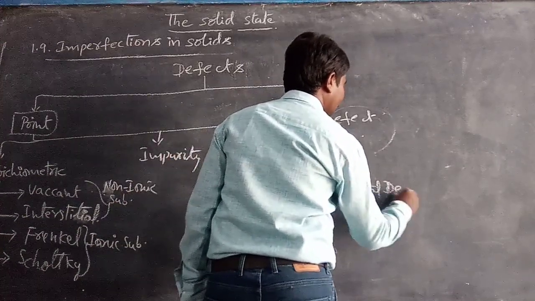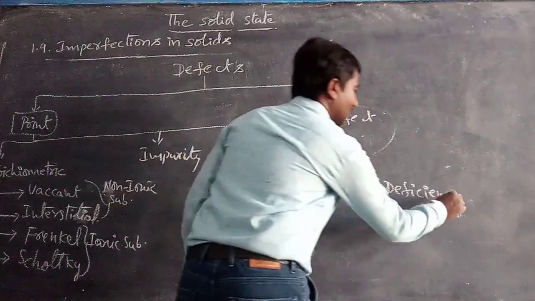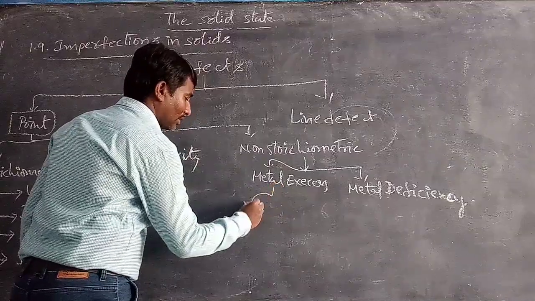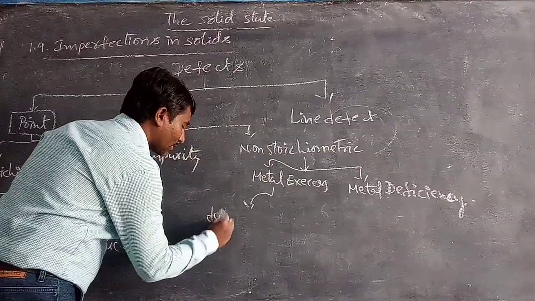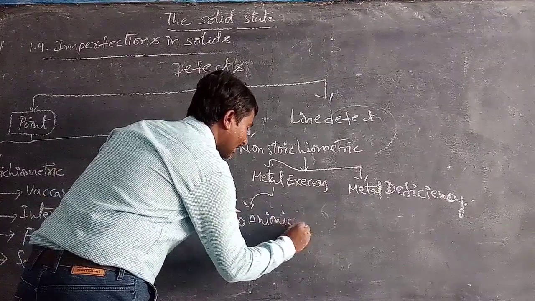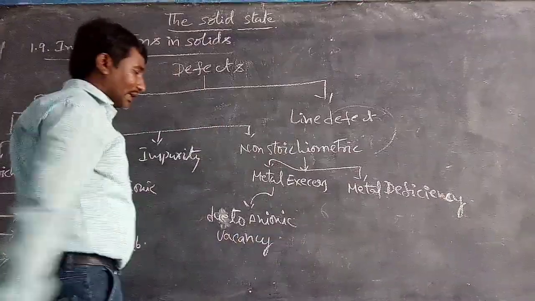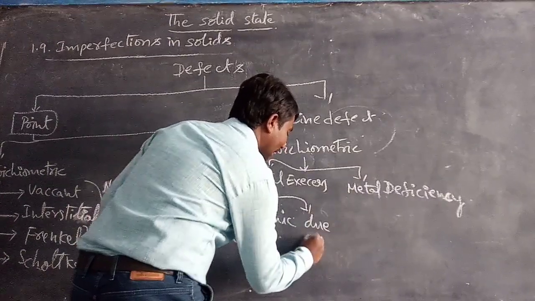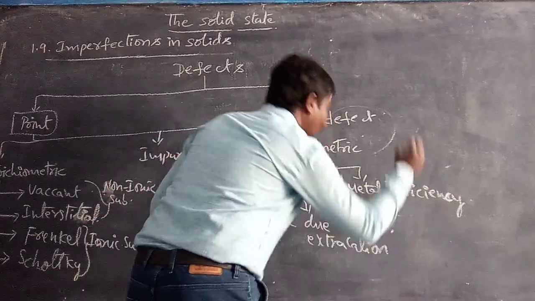Metal excess defect is due to anionic vacancy, and another is due to extra cations.